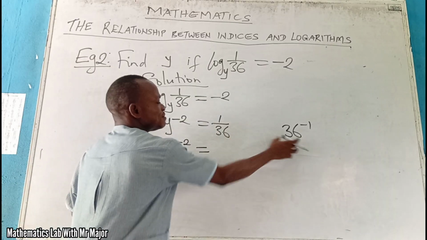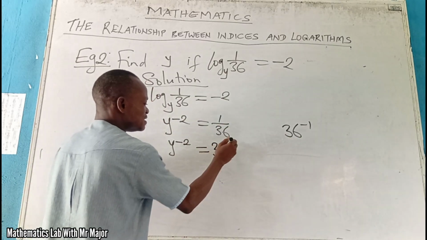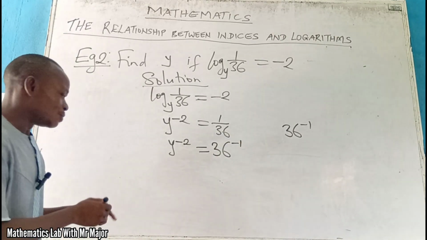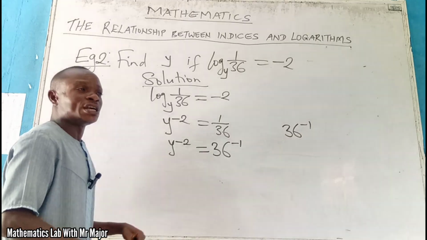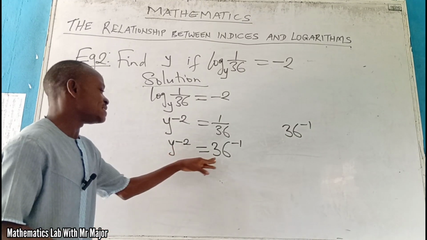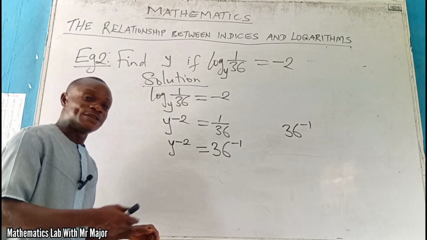So since these two terms are equal, I can write 1 over 36 as 36 raised to power minus 1. Now, when we solve these initial equations, we said if the bases are the same, we equate the powers. Or if the powers are the same, we equate the bases.